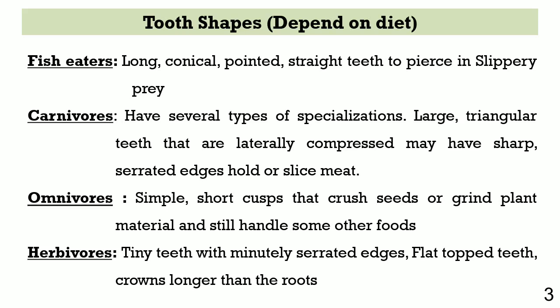Omnivores' teeth are simple, with short cusps that crush seeds or grind plant material and still handle some other food. Herbivores' teeth are tiny with minutely serrated edges, flat topped teeth, crowns longer than the roots.